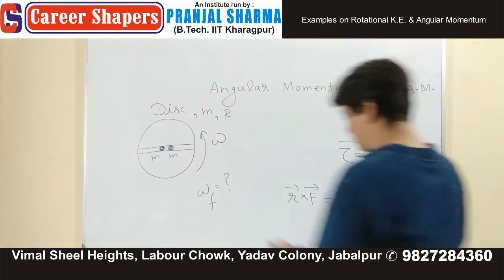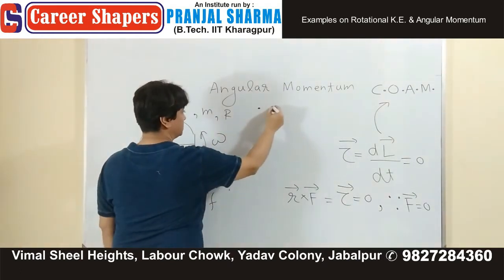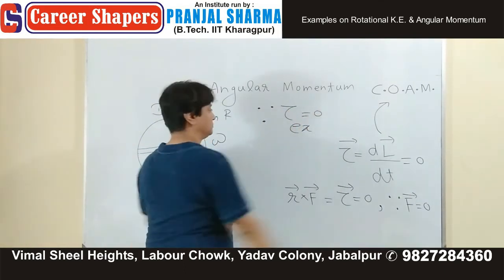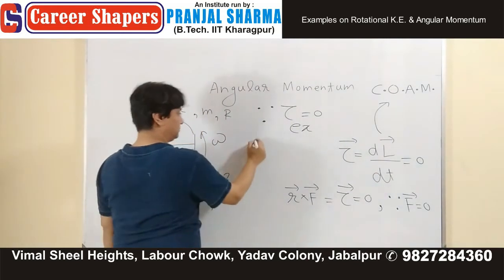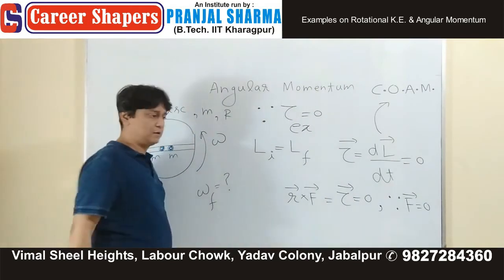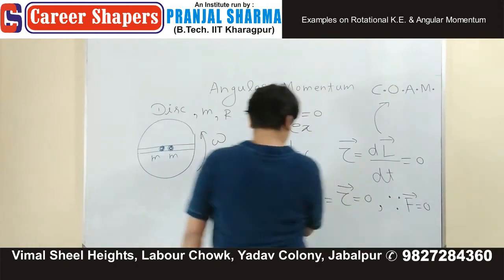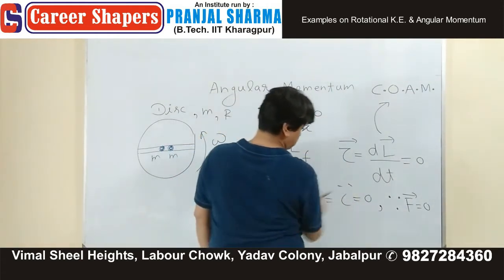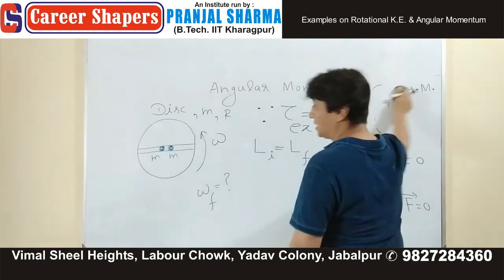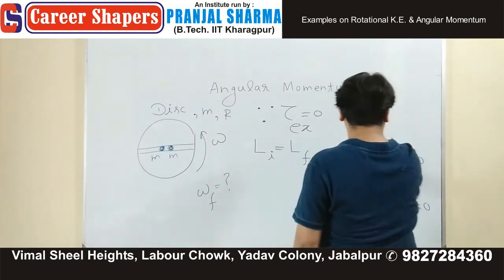So in this question, when you start solving it, you will write like this: since torque external is 0, L initial will be L final. Now, as long as you have bodies performing circular motion, which they are in this case, you don't have to use that R cross P type of thing.